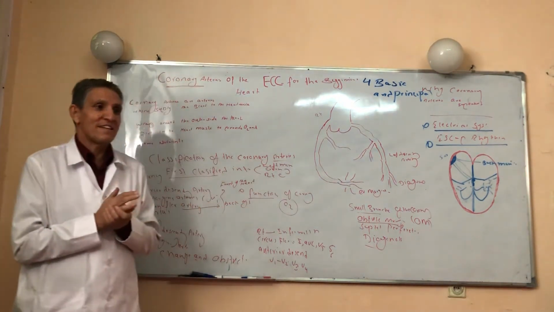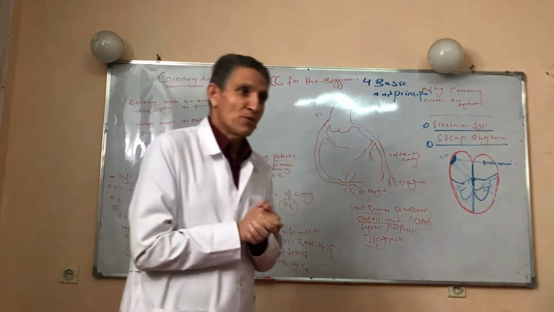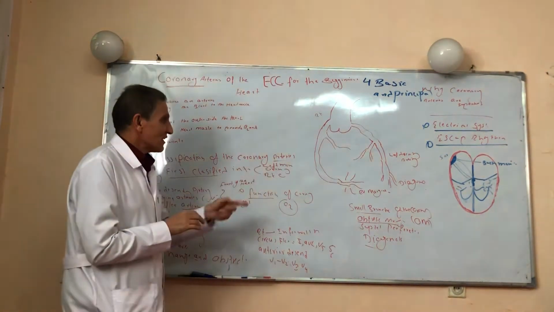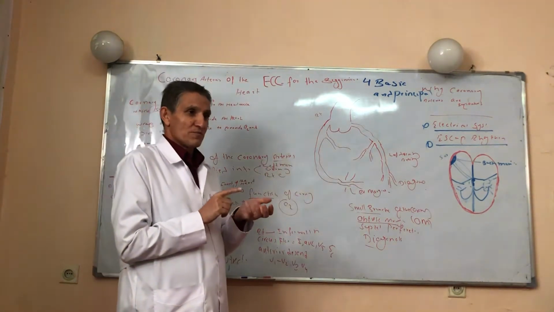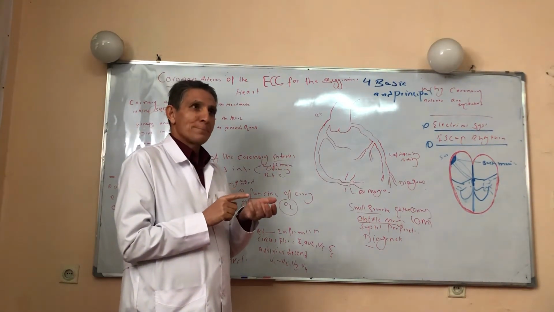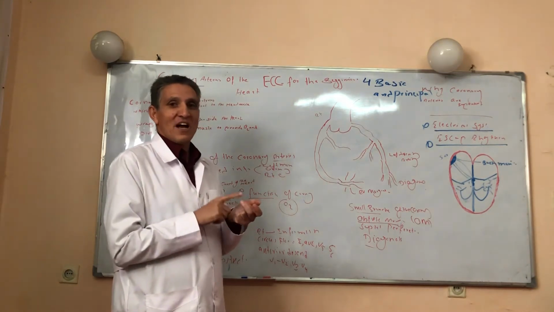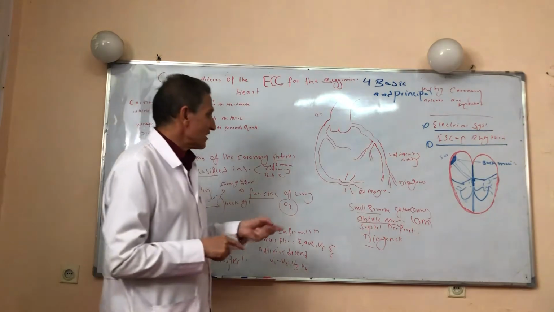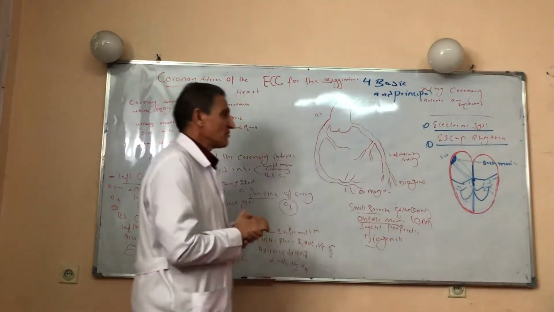The right coronary artery is divided into two parts: posterior descending and marginal. The septum is supplied by which arteries? The posterior descending artery and the anterior descending artery supply the septum of the heart.